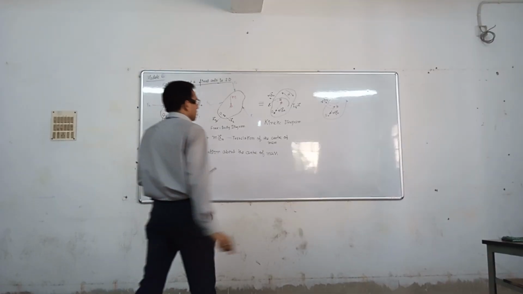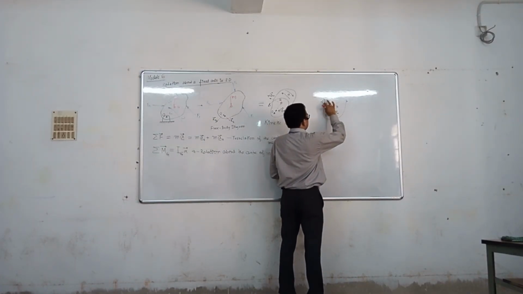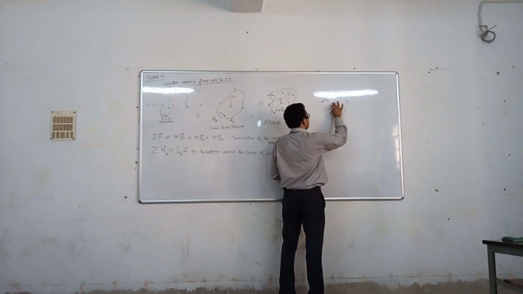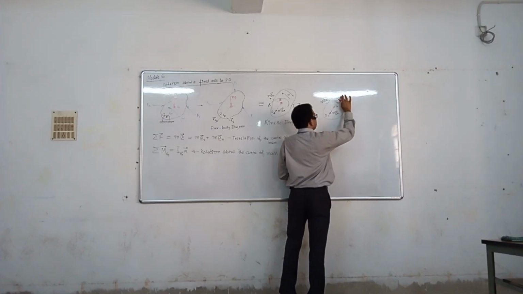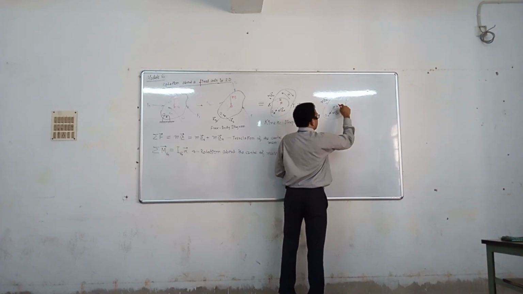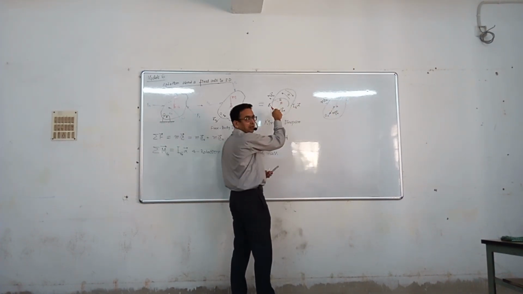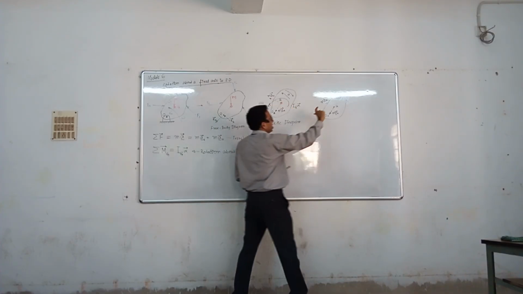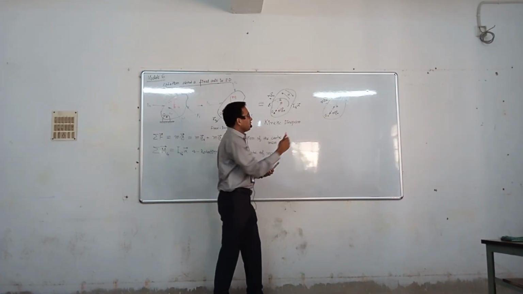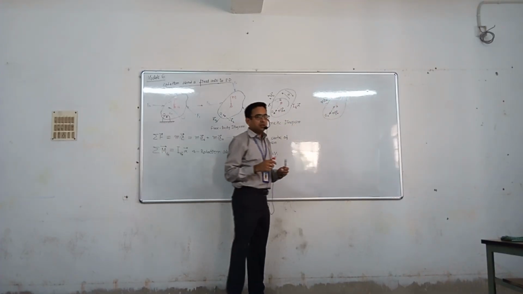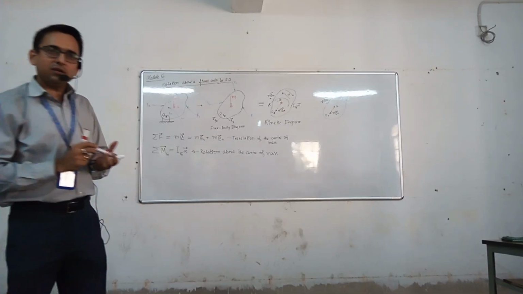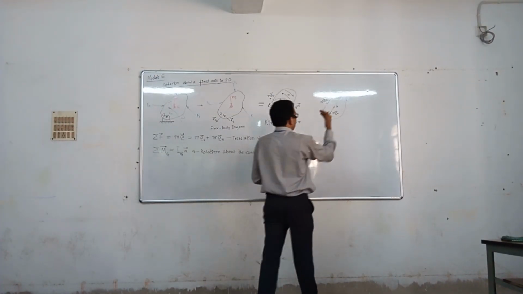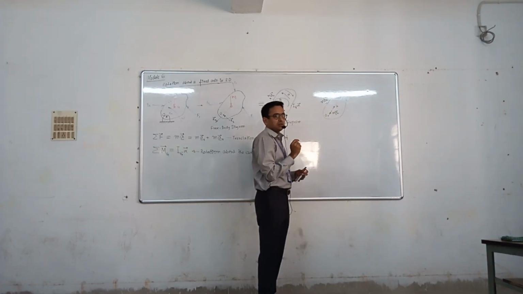Okay, so now I will simply consider that the couple is already accommodated, because this couple will cancel this couple. This couple will be cancelled by this couple, because I have already taken this. So they will adjust, they will nullify each other, right? Since they will nullify each other, I will have only one force here at a larger distance.